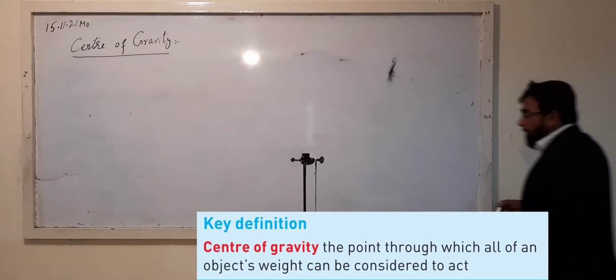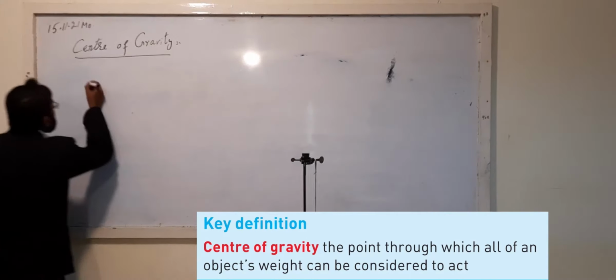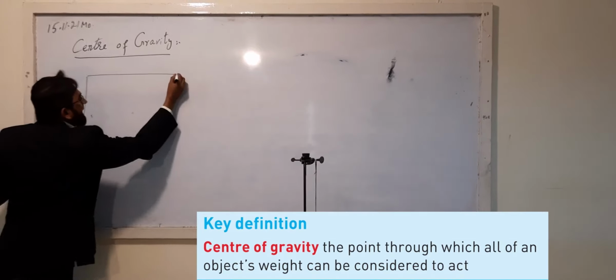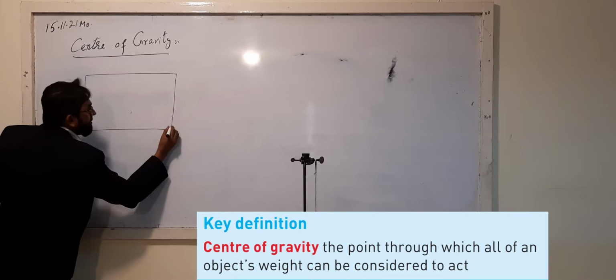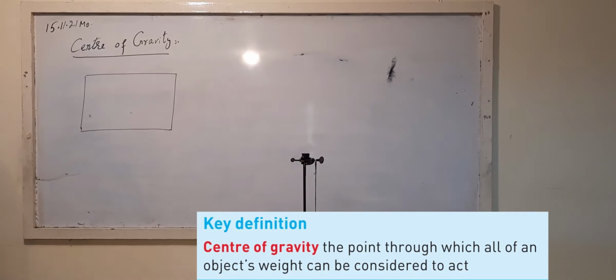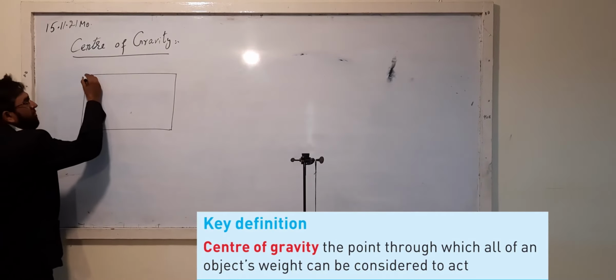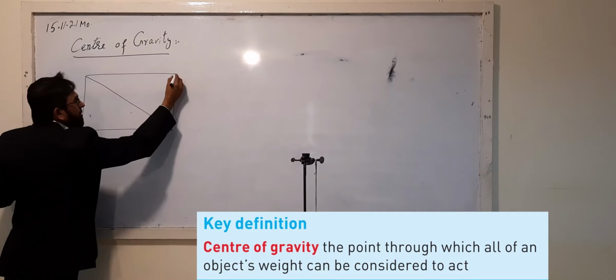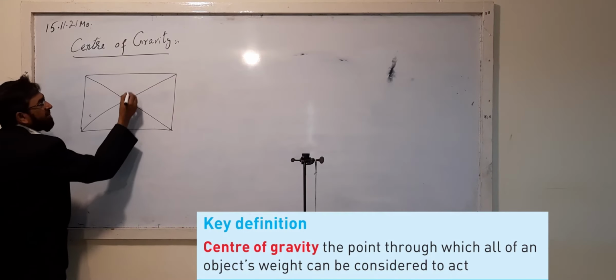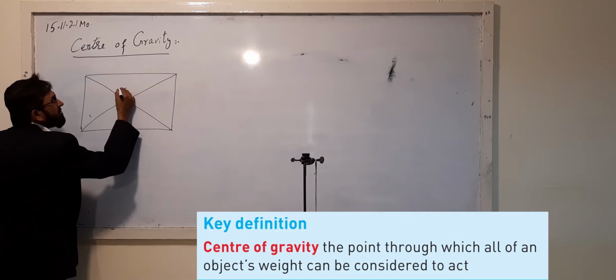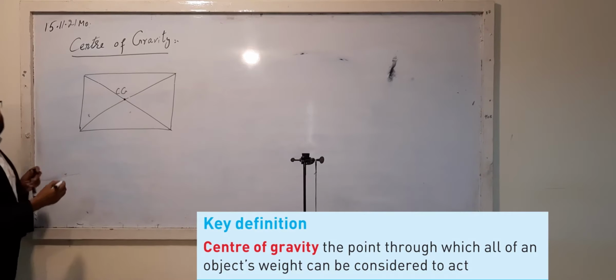If you have a regular shaped object like a rectangle, how can you find out the center of gravity of this shape? You can draw the diagonals. So this will be the CG. I am representing it with CG.